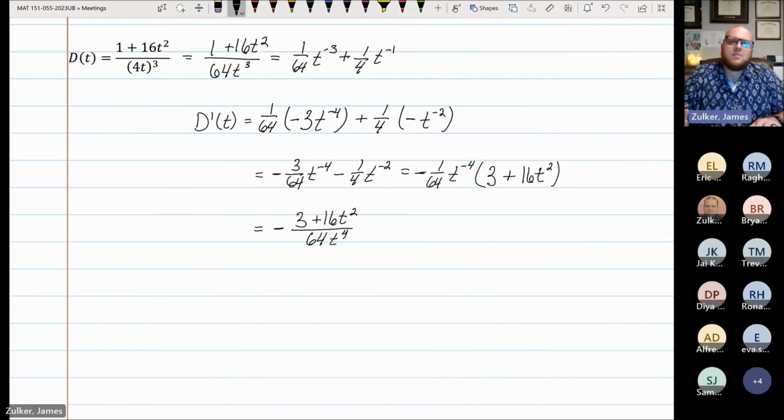Well, if you look at this, the derivative is a function, right? It's called the derivative function. So wouldn't it make sense that it would have a derivative?